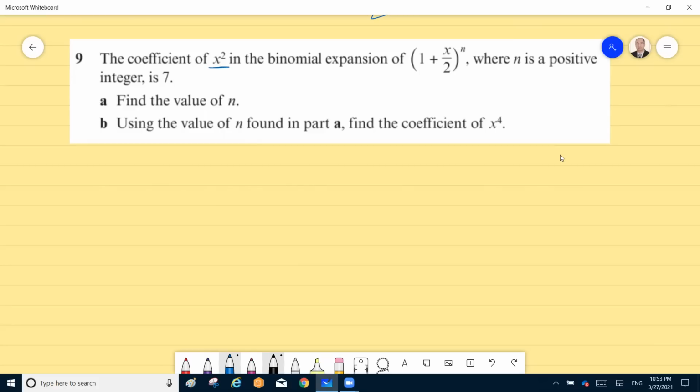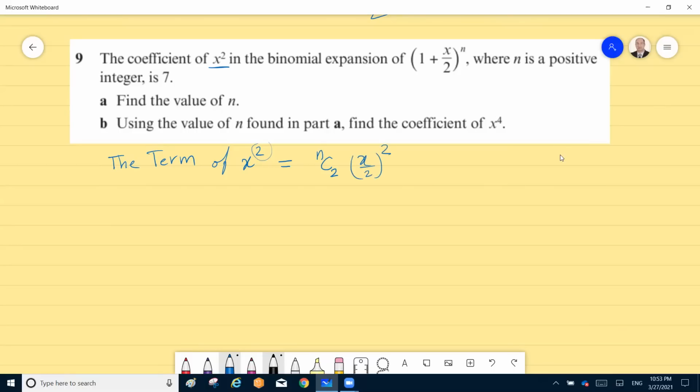First, instead of writing the whole expansion, 1 to the n plus and so on, you can go direct and write the term of x squared. The term including x squared is simply nC2, taking the same index as the power of n of x. nC2, 1 to any power is the same, times (x over 2) to the power of 2.